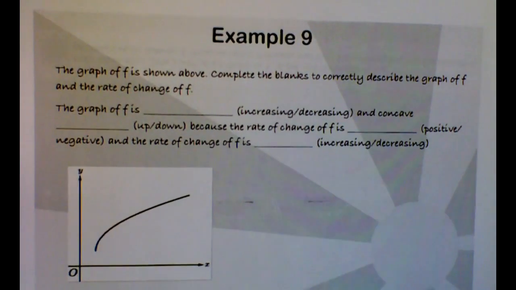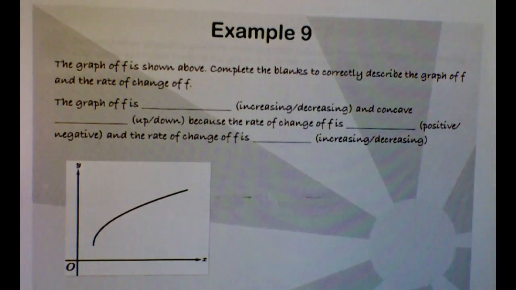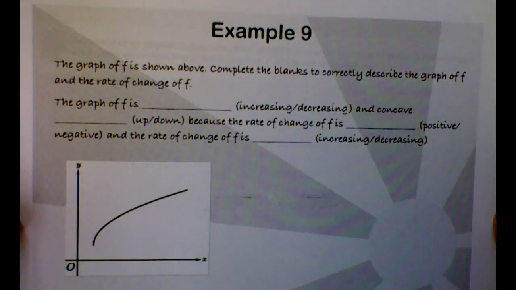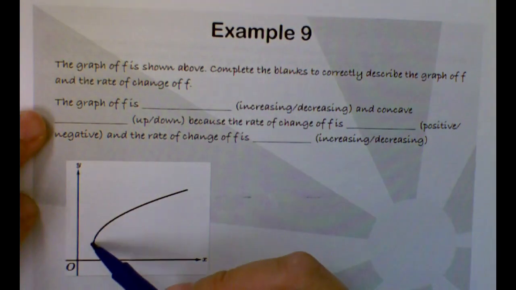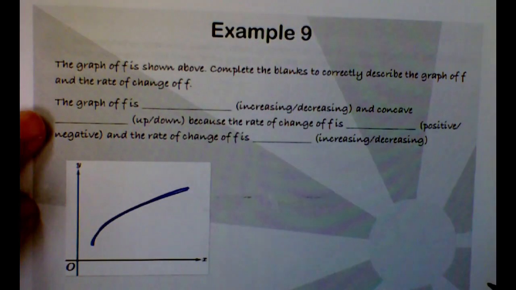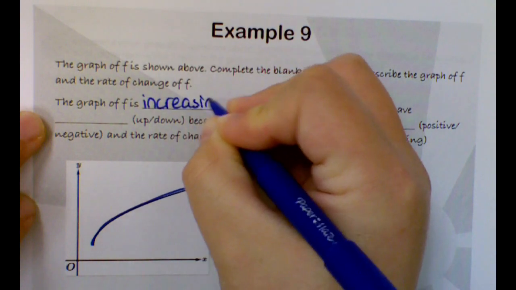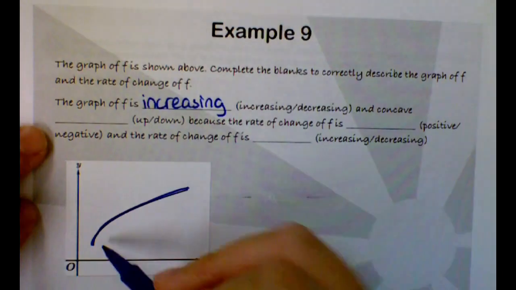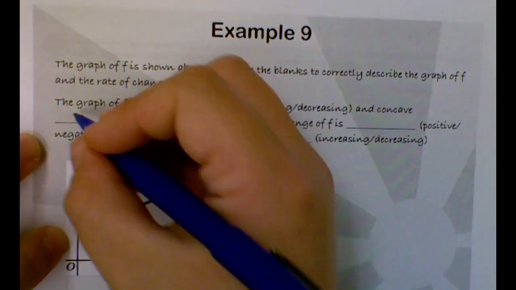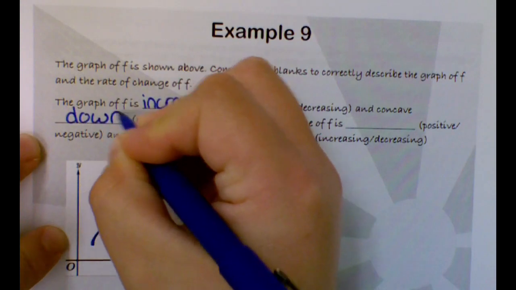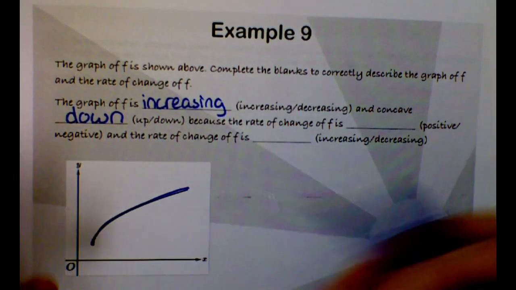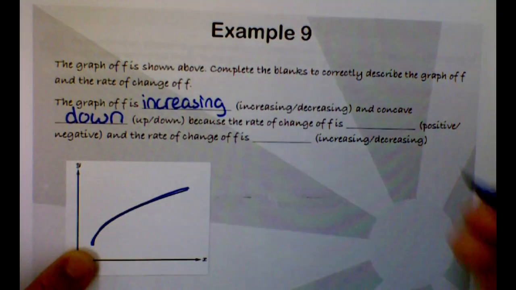So the graph of f is shown not above, it's actually below on my picture. We're going to describe the graph of f and the rate of change of f. The graph of f is, well, increasing or decreasing. It is going up left to right, so it is increasing. And it is concave, well, it would not hold water, so it is concave down. Because the rate of change is positive.